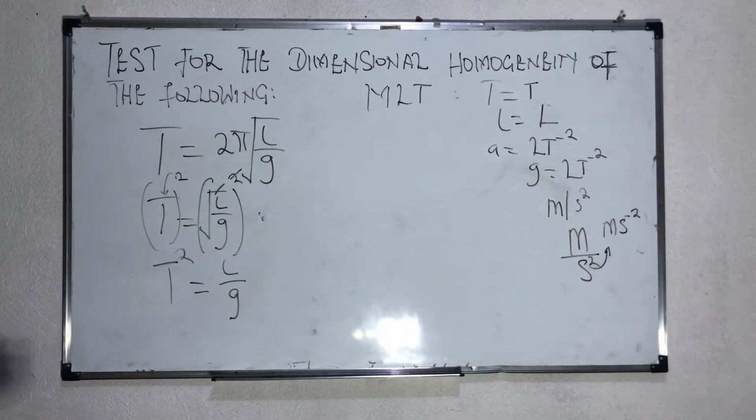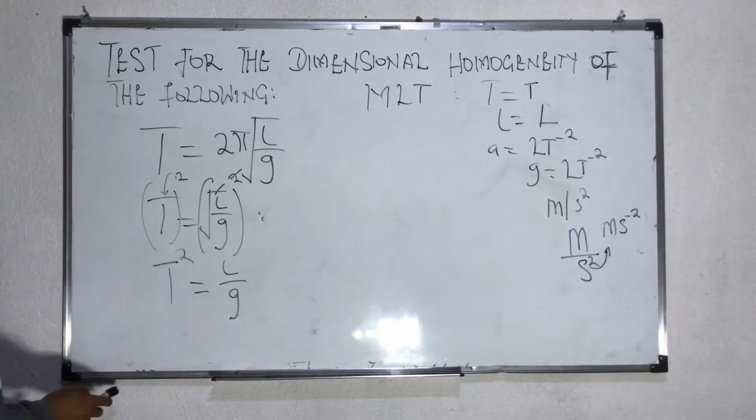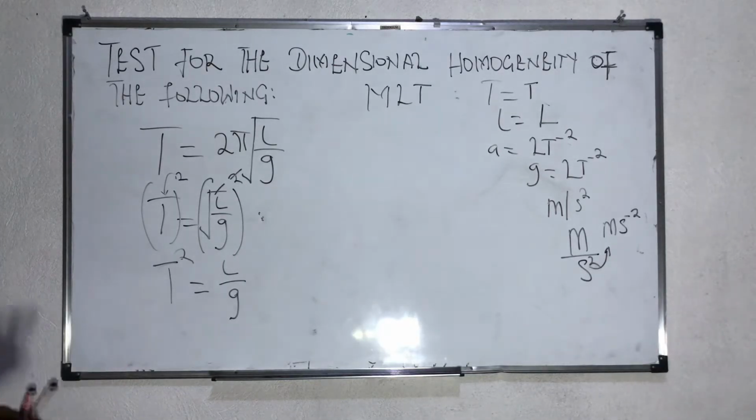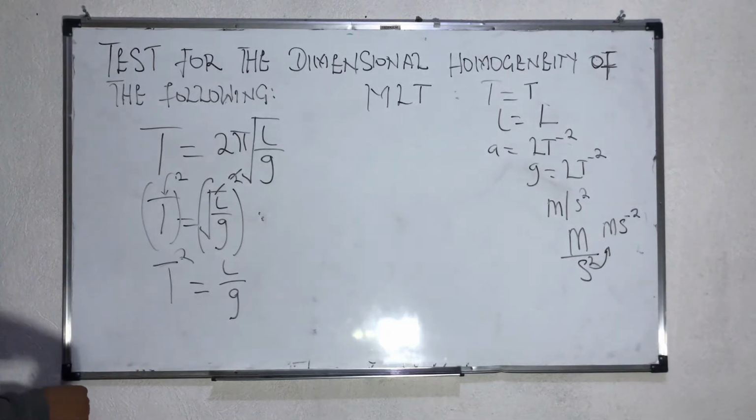Now next up, we are going to replace the L and the G with their respective dimensions. This t here is as it's supposed to be, so there is no need of doing any other replacement.